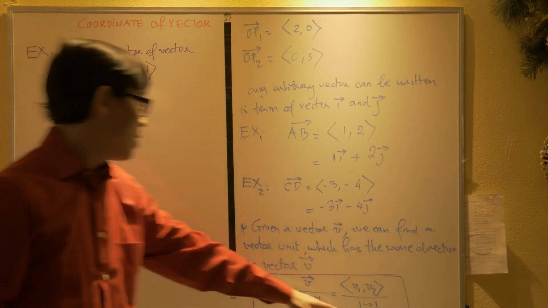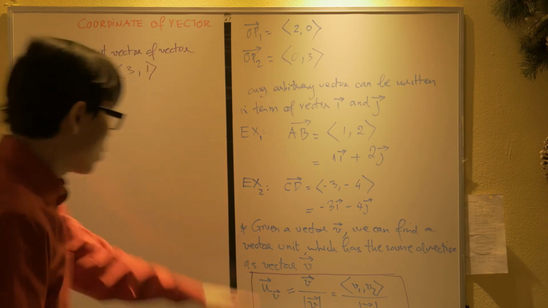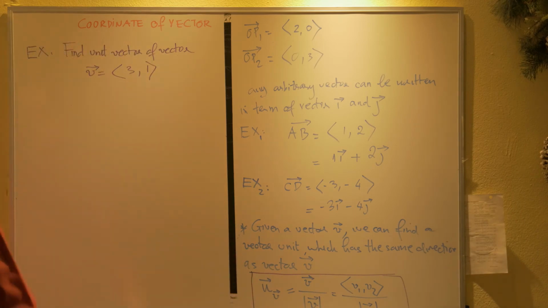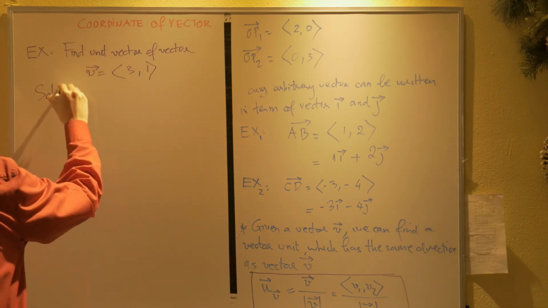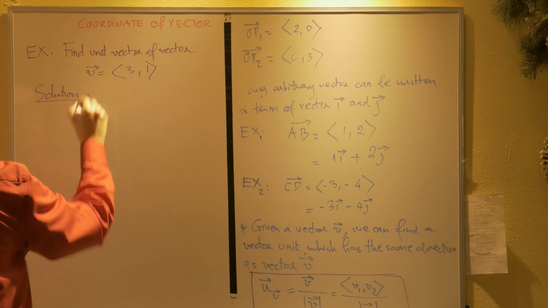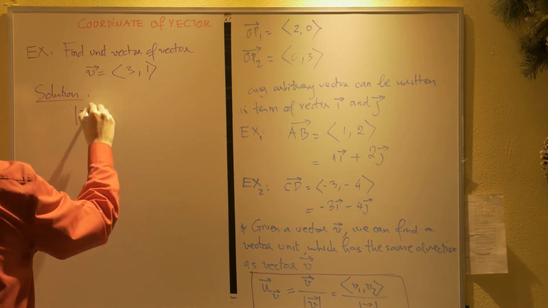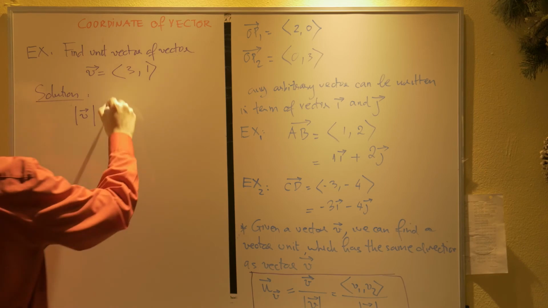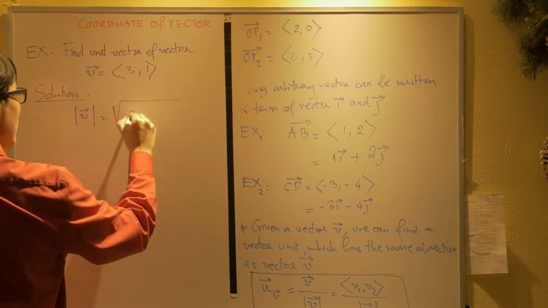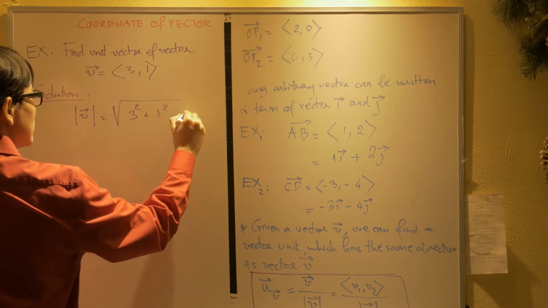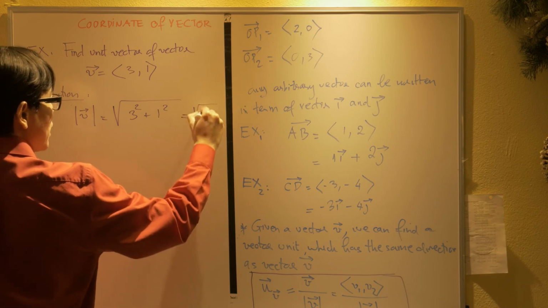First of all, we need to find the magnitude of that vector. The coordinate we already have: 3, 1. Solution. You can find the magnitude by using the Pythagorean theorem. So it's the absolute value of 3 squared plus 1 squared, right? So this gives you the square root of 10.